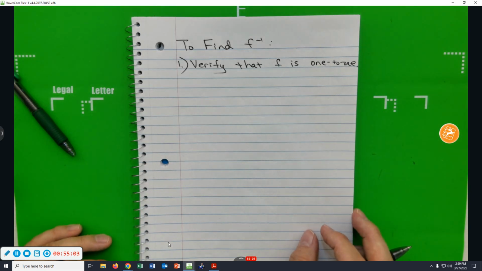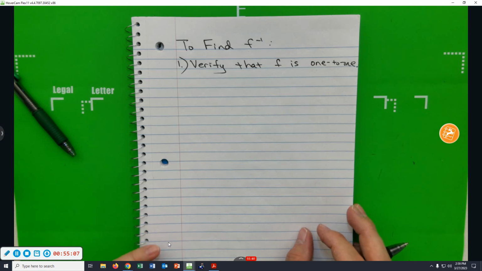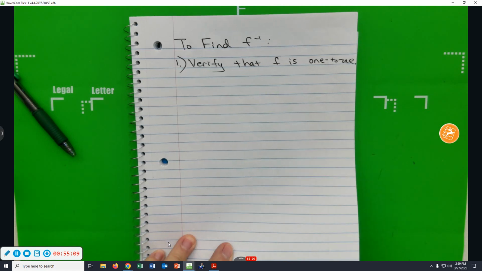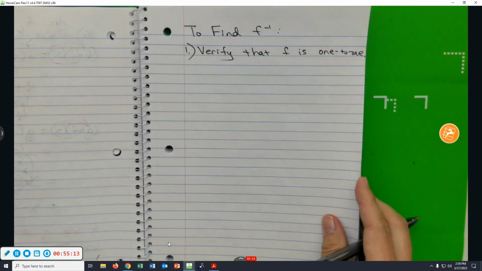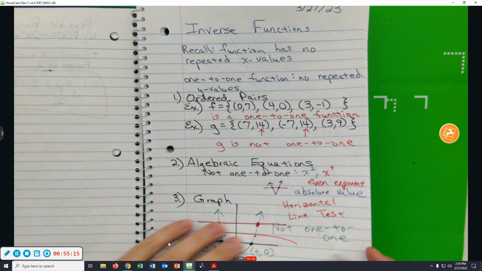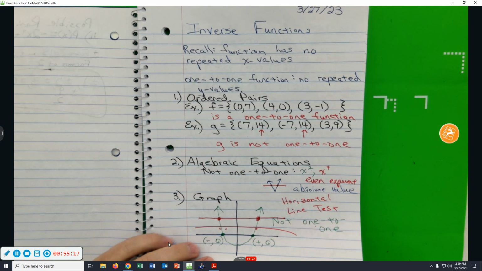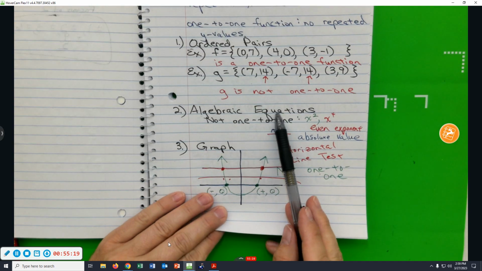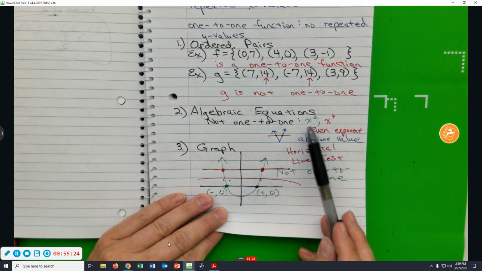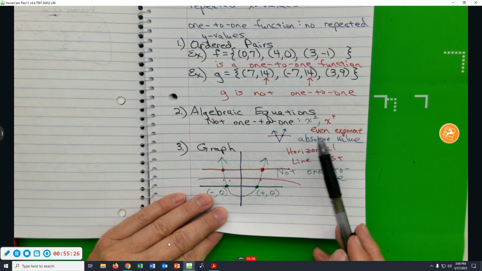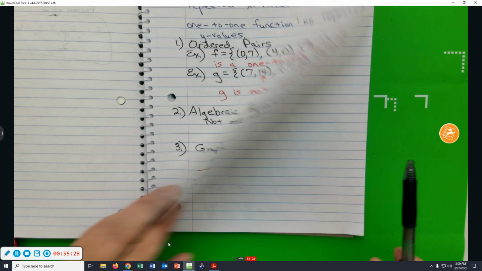Something that I talked about at the very beginning of the class today is finally becoming important. What do you want to not have in your equations if the function's going to be one-to-one? Algebraic equations, the ones that aren't one-to-one. Remember I said that even exponents, x squared, x to the fourth, and absolute values.